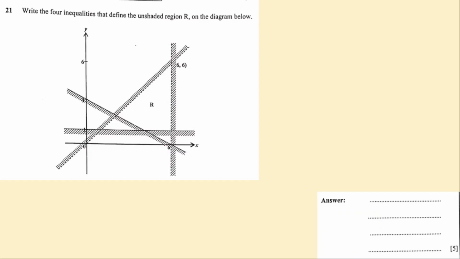The vertical line, all vertical lines are given in this form, x is equal to k, where k is a constant. And horizontal lines, like this one, are written in the form y is equal to k, where k is a constant.